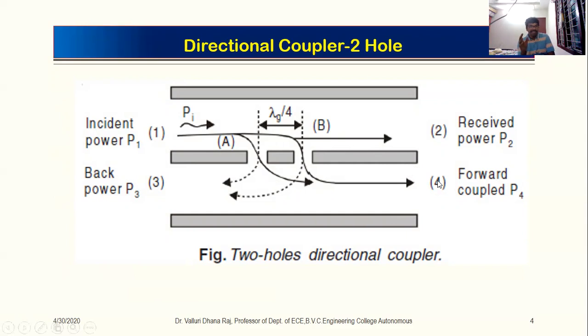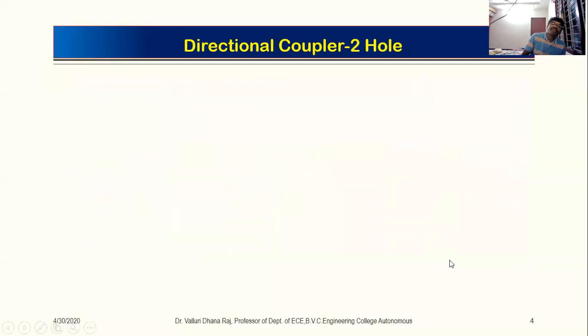If I give excitation at port 2, no power is going to appear across port 4. It is going to be shared amongst 1 and 3. If I am giving input at port 1, it is going to be shared amongst 2 and 4.